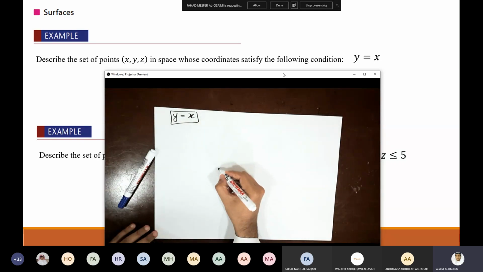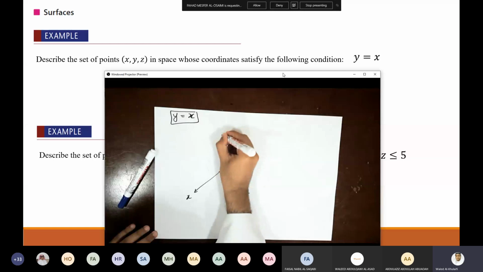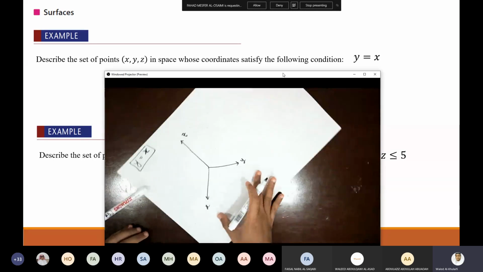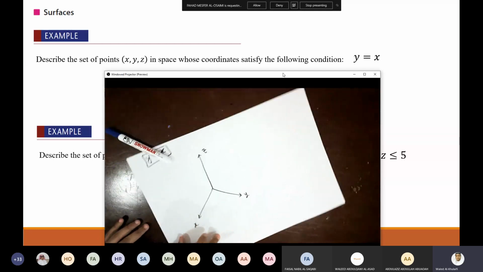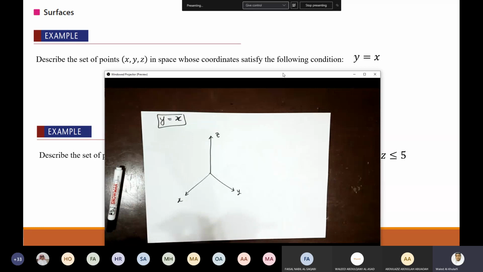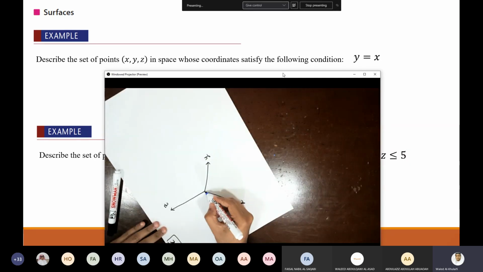So let's draw the x-axis, the y-axis, and the z-axis. y equals x, I know this one, right? It will be this line. If you imagine this is x and y, and y equals x, you will graph it this way. It is a line in the xy plane.